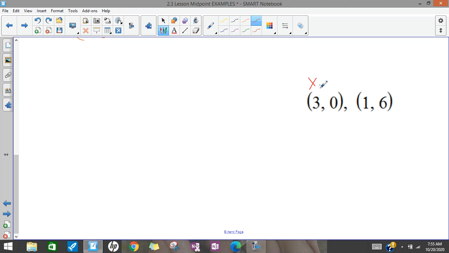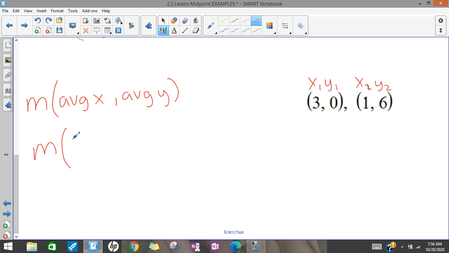And this last one, again, same process, labeling my x's and my y's, sort of the same process as slope, writing my formula, or my process, if you want to call it a process, it's less of a formula. Average the x's, so 3 plus 1, divide by 2 because there's two numbers.